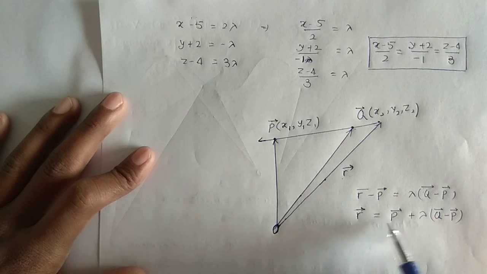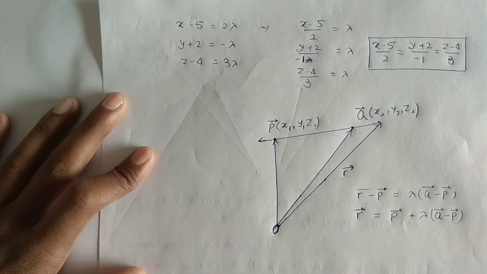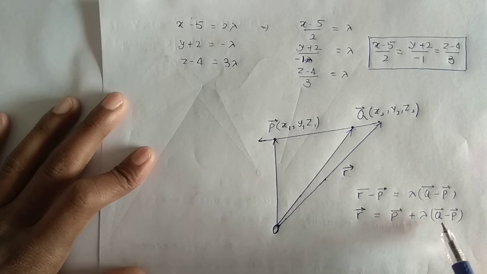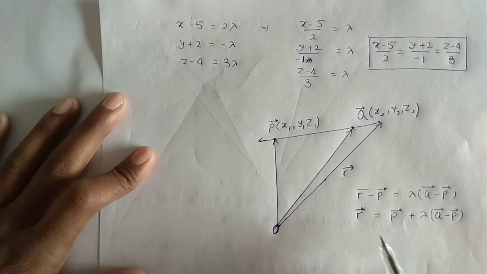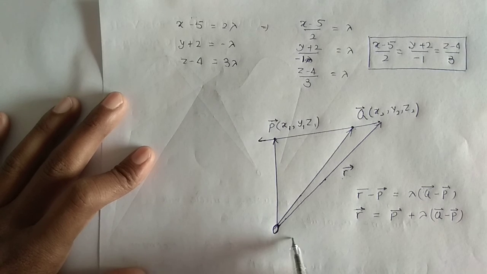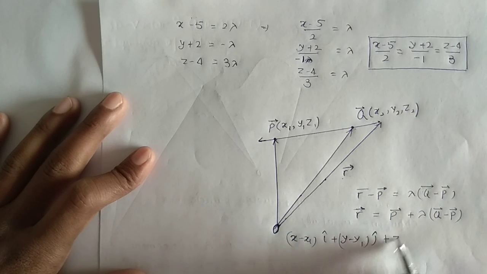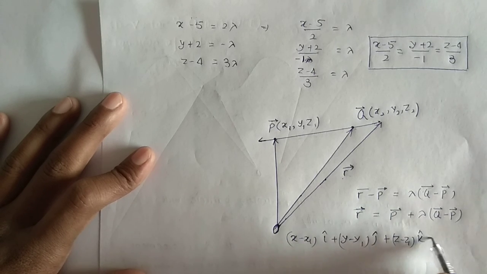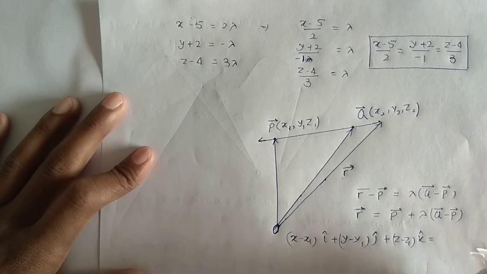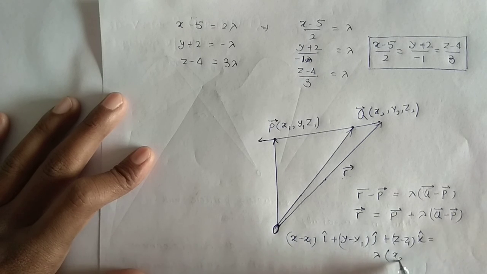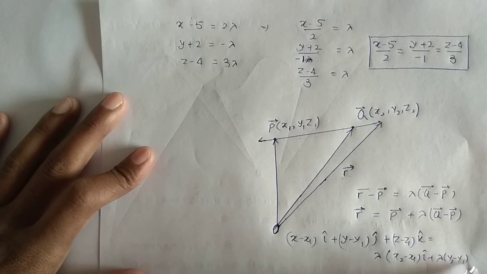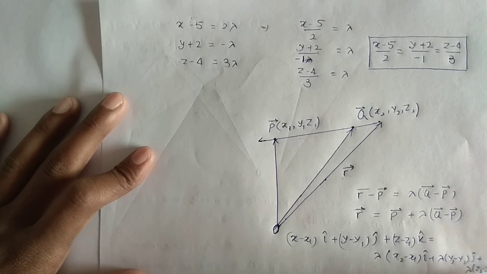Now we are changing it to Cartesian form. So we may write this as x minus x1 i, y minus y1 j, and z minus z1 k, which is nothing but lambda times of x2 minus x1 i, lambda times of y2 minus y1 j, and lambda times of z2 minus z1 in vector k.